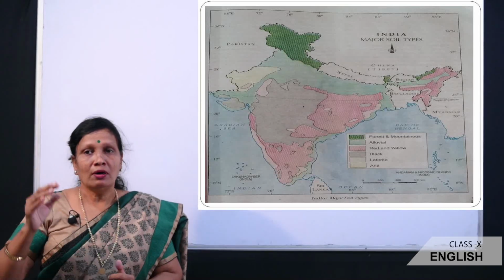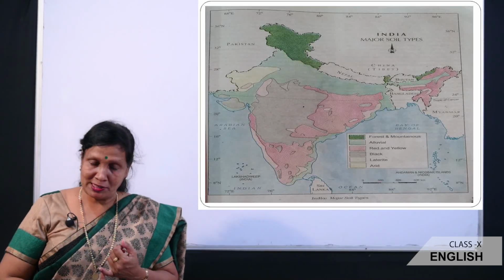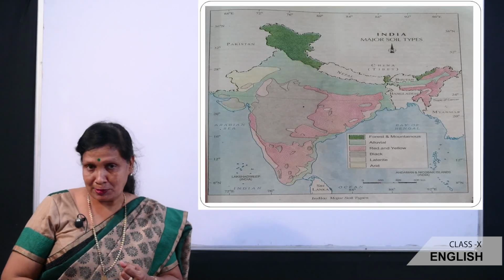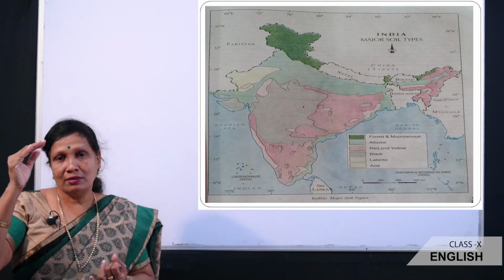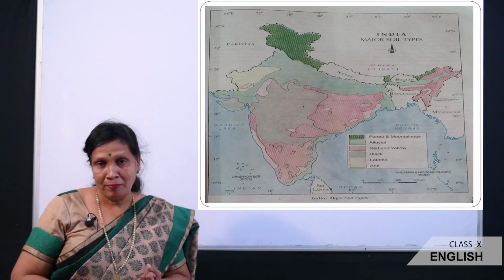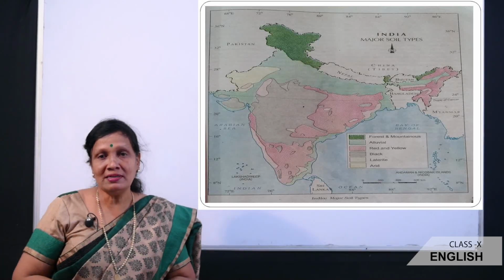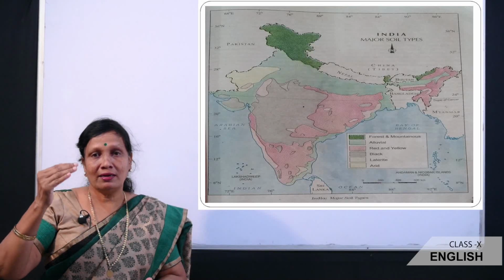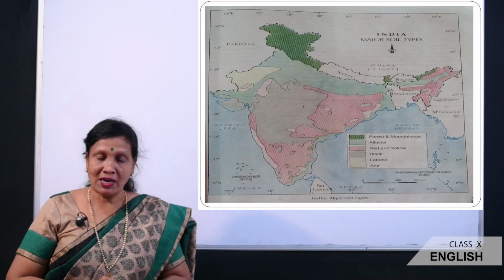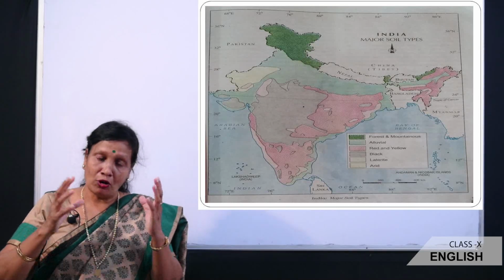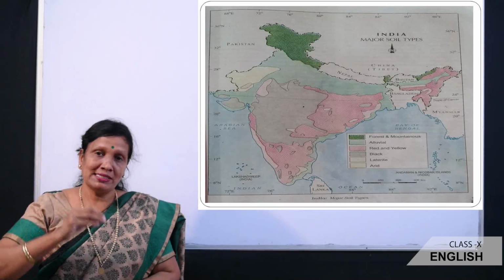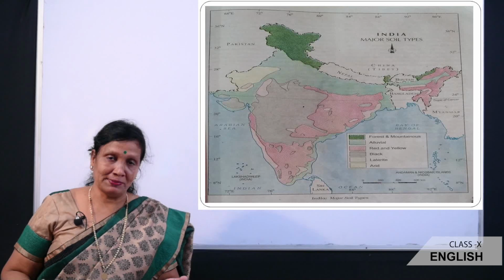As I told you, when you look at your geography textbook and your economics textbook, the table which I had taken for you today was from the economics textbook: the comparison of 3 states in the development in different sectors. When you look at the textbook, you have a lot of tables, graphs, pie charts and maps.